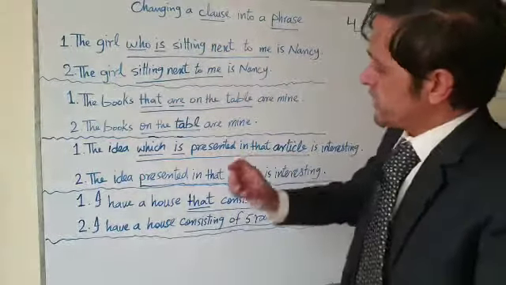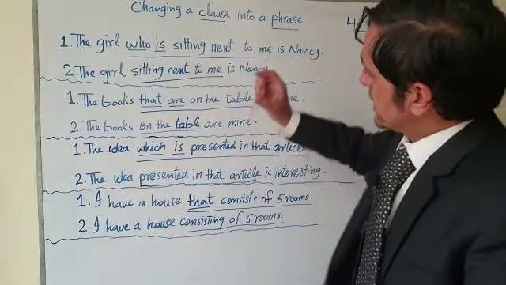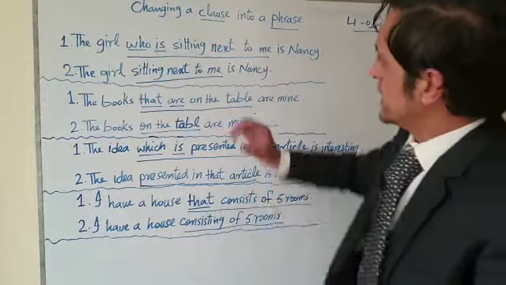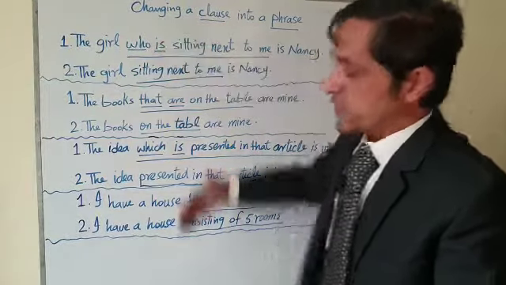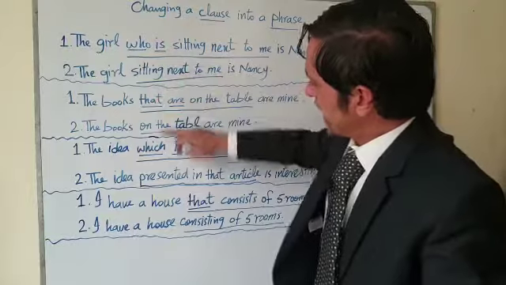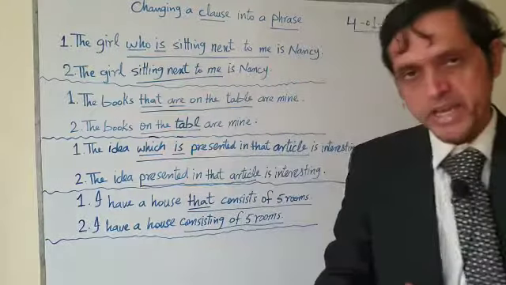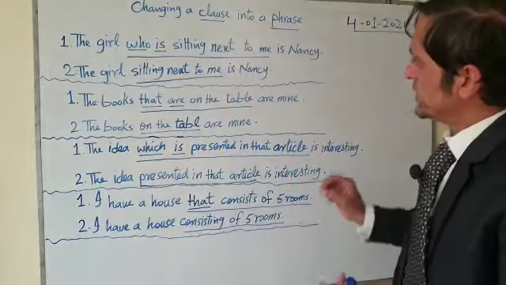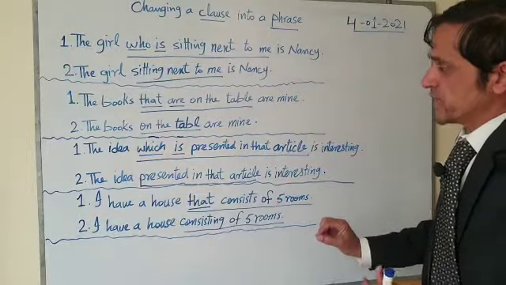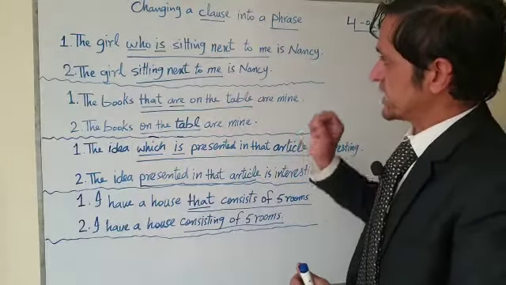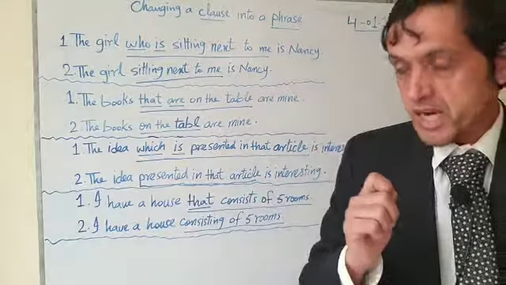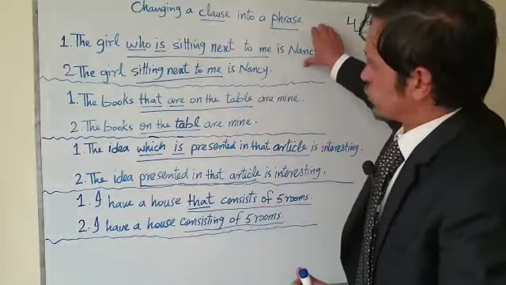You can know easily if it is introduced by words like who, that, which. So there will be dependent clauses and adjective clauses. That is the sign to find out a clause in such a structure.